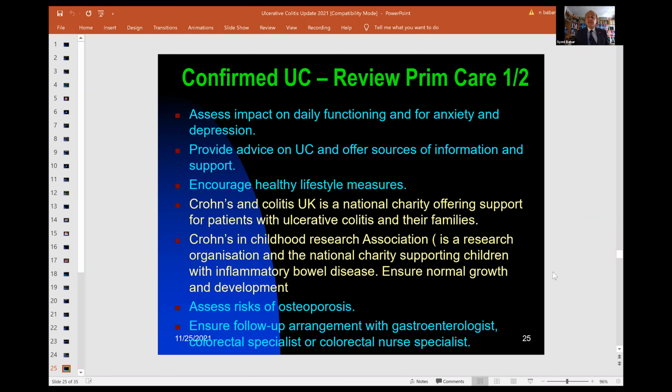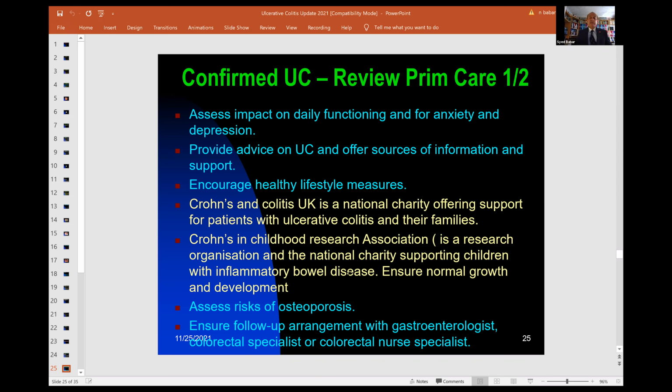So once the ulcerative colitis has been diagnosed and the patient returned to the community, what does one do in the primary care? So you assess the impact on daily functioning, assess anxiety and depression. You produce written advice and signposting to various places such as Crohn's and Colitis UK, Crohn's in Childhood Research Association, British Association of Gastroenterologists.